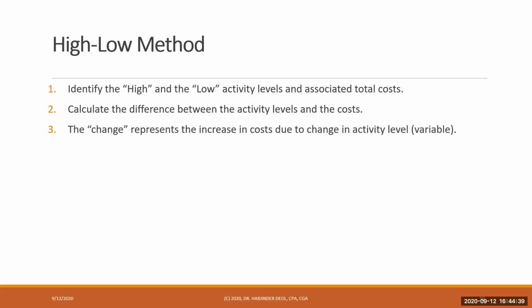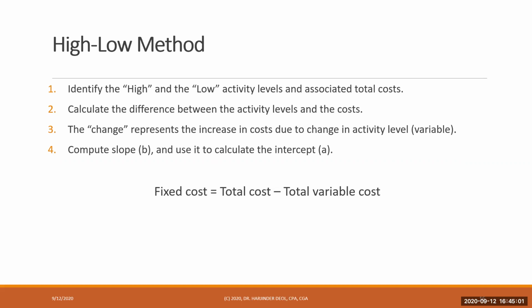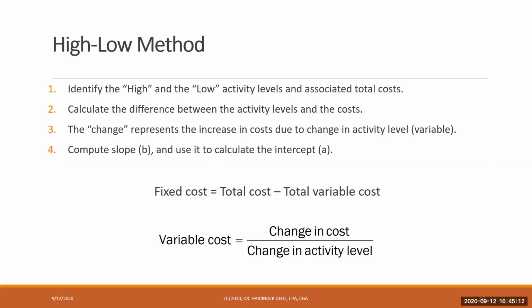The change that we calculate represents the increase in cost due to a change in the activity level, which is for us the independent variable. We can use the change amounts to calculate the slope and then use it to calculate the fixed cost portion, the intercept. The fixed cost portion is calculated by subtracting the total variable cost portion from the total mixed costs. The variable cost is calculated by dividing the change in cost by the change in activity level.